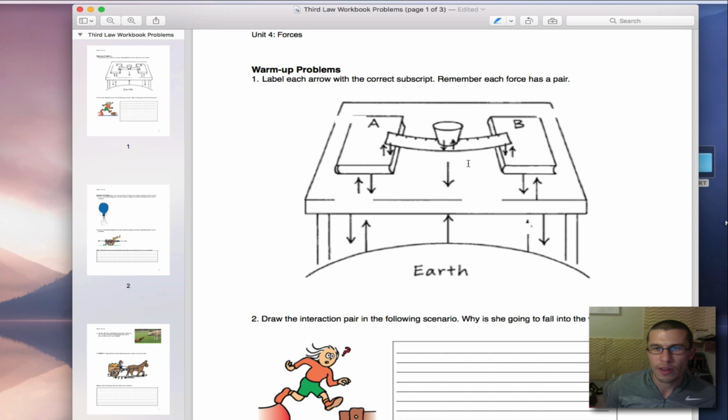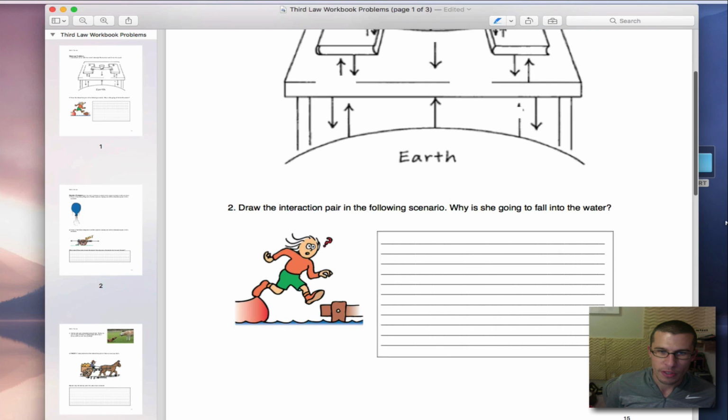So you're just going to write these little interaction pairs. All of these involve the Earth pulling down on objects and the objects pulling the Earth.